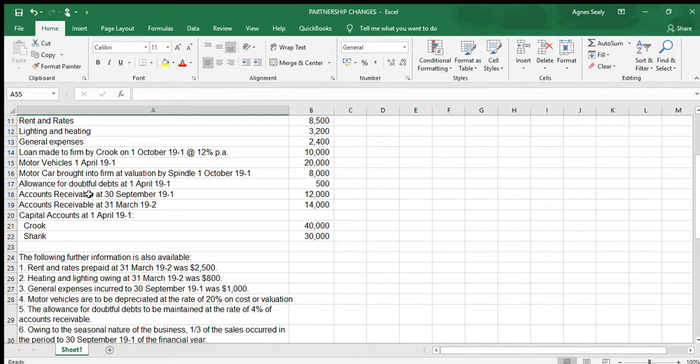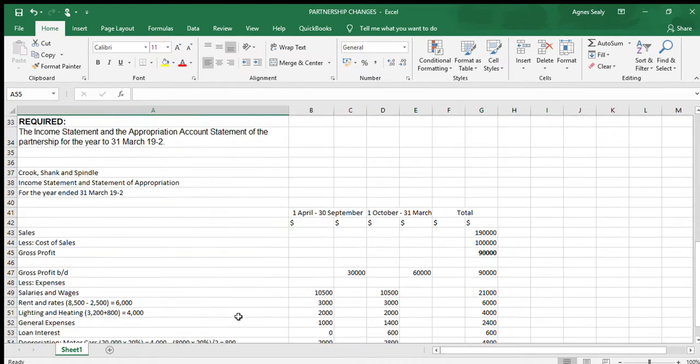So we have receivables from the 1st of April to the 30th of September of $12,000, so we have to calculate 4% of this. And then we have receivables from the 1st of October to the 31st of March of $14,000, so we also have to find 4% of this as well. So let's look at that.